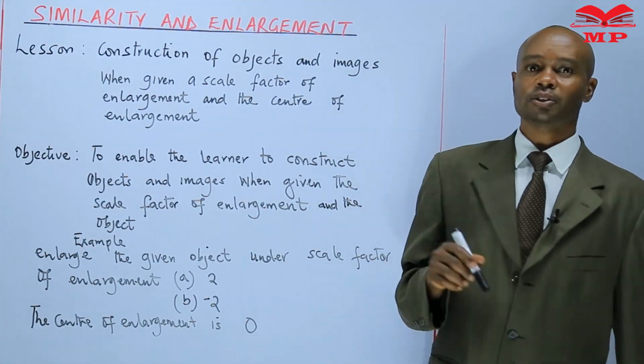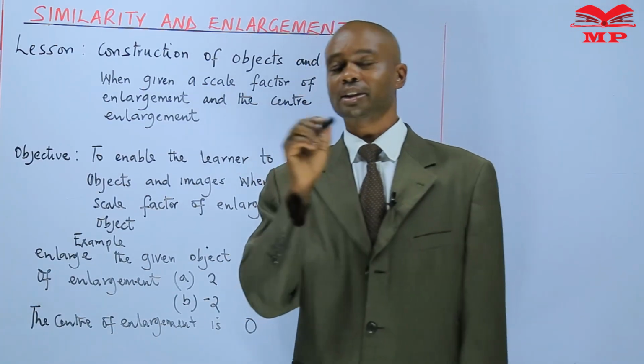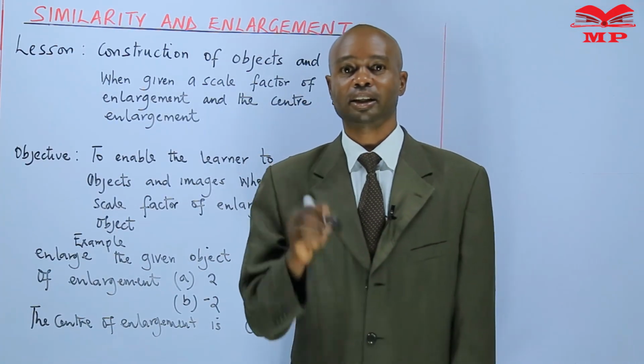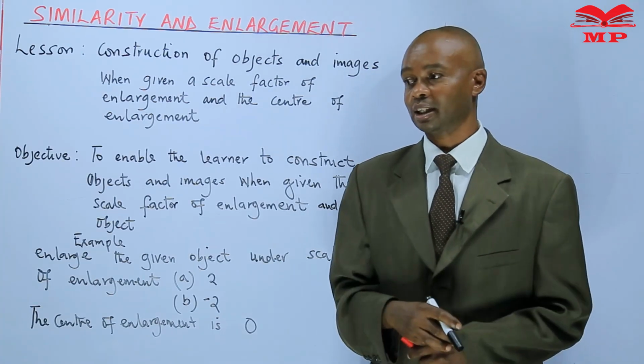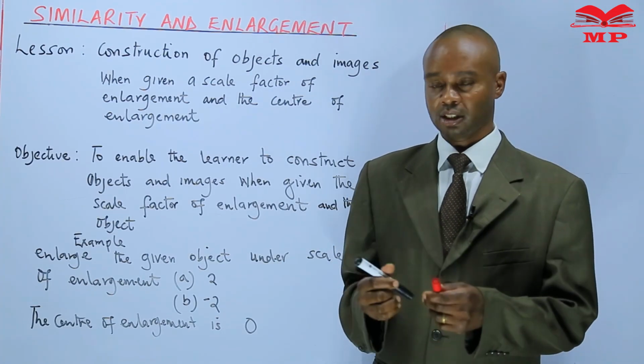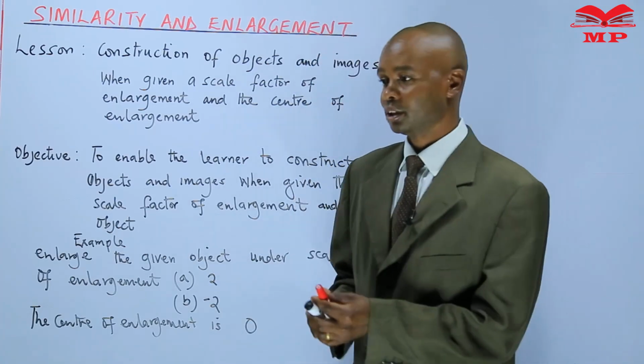In the last lesson, we saw when we get a positive scale factor, that is a positive enlargement. When we get a negative scale factor, we shall get a negative enlargement.